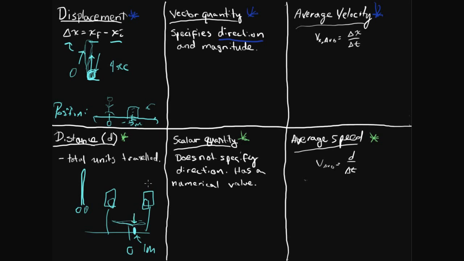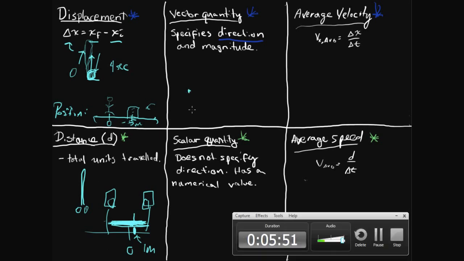His total displacement, the amount the object has moved over that interval, is 0. But the distance traveled is something completely different. It's the entire distance summed up of the entire game of him running back and forth. So that's the major difference between displacement and distance.